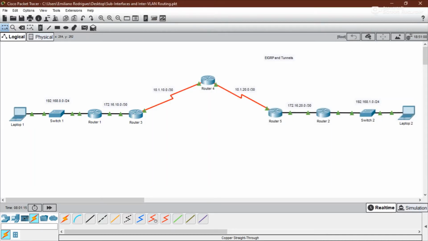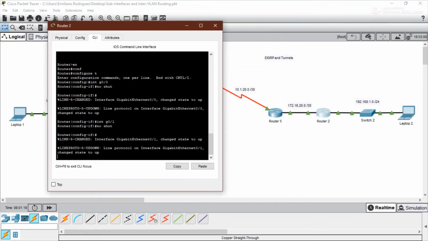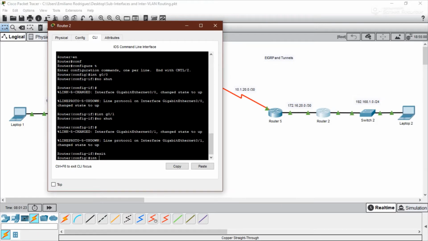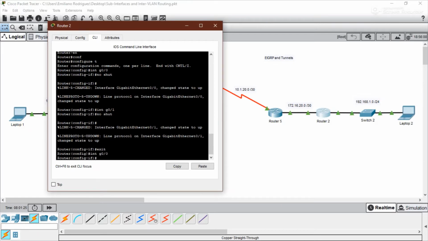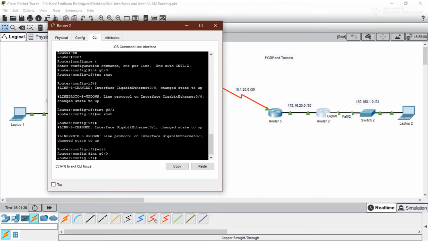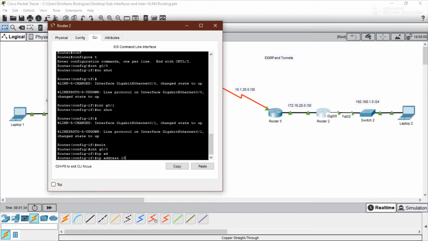We will do the same thing on router 2 and laptop 2. The IP address is 192.168.1.1/24.